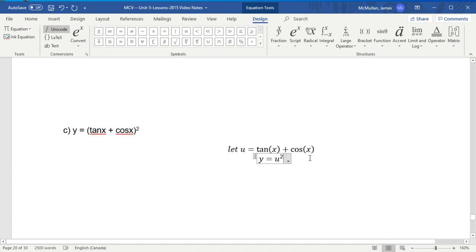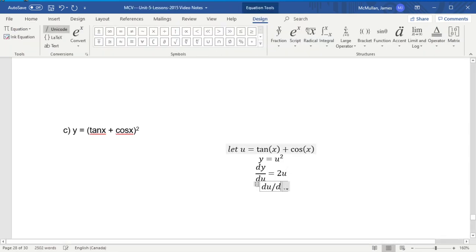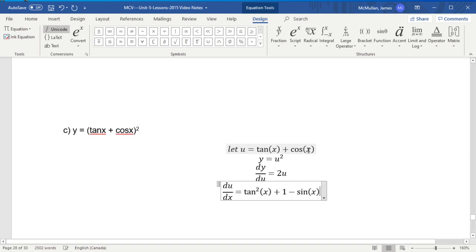Okay, if u is what's in the bracket here, then the outside function is simply u squared. dy/du is therefore 2u. Pretty easy. The du/dx, okay, so the derivative of the inside is going to be tan squared x plus 1, and that's the derivative of the tan part, and then the derivative of cos is negative sine x.